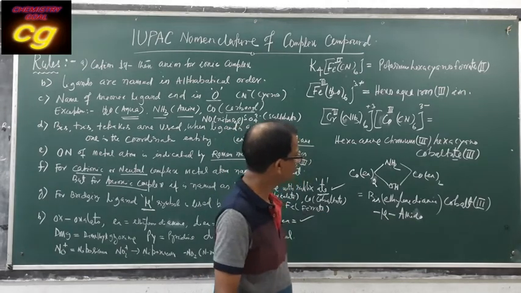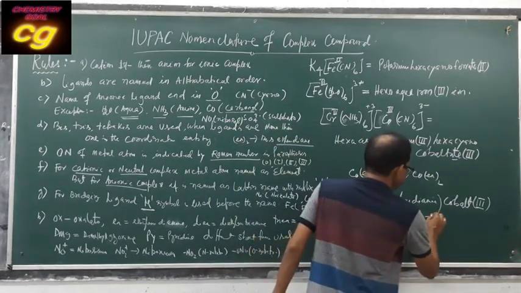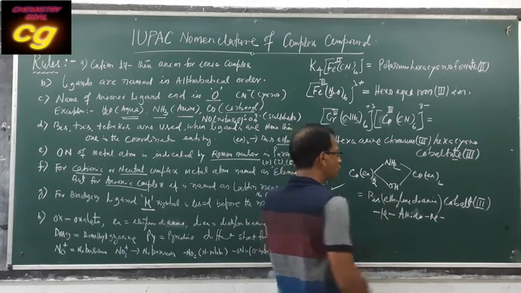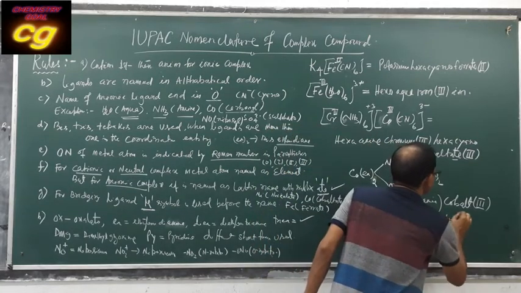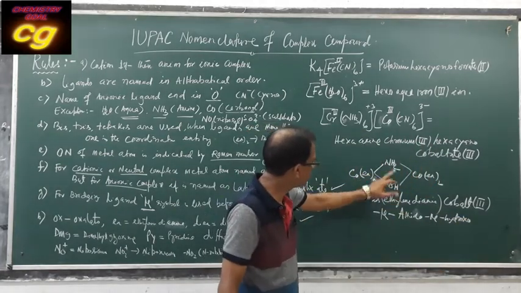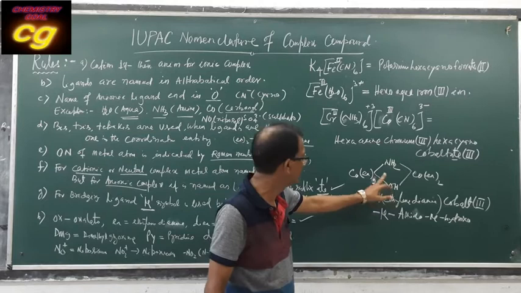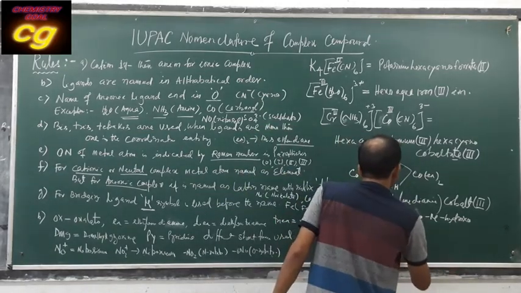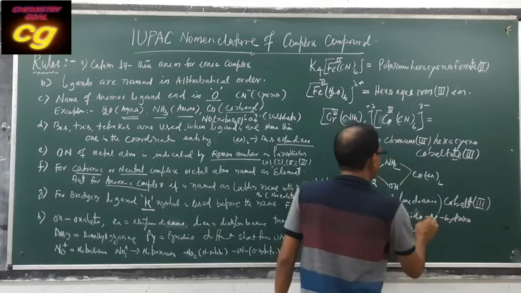Mu amido, then again mu, hydroxo. Mu means bridging ligand. Mu hydroxo, then cobalt(III).